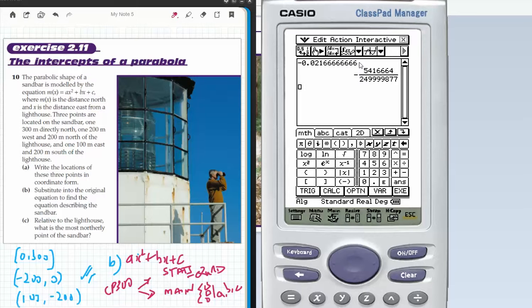That still wasn't enough, so if I put a few more 6s, it will recognise that it's a recurring 6, and that's the exact answer, negative 13 on 600.